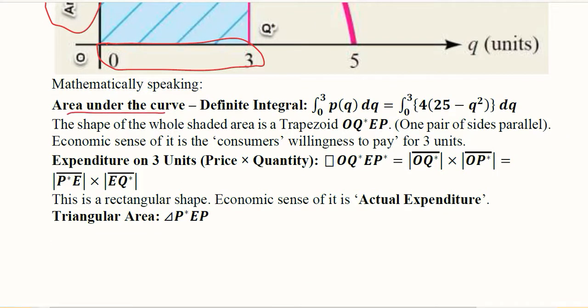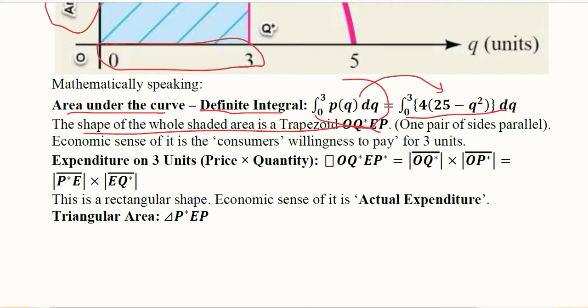The area under the curve is actually the definite integral, which can be symbolically written like this, and this would be the situation after the substitution of the demand function, which is the inverse demand function. If we do this, we will get the area of the trapezoid, that is OQ* EP.